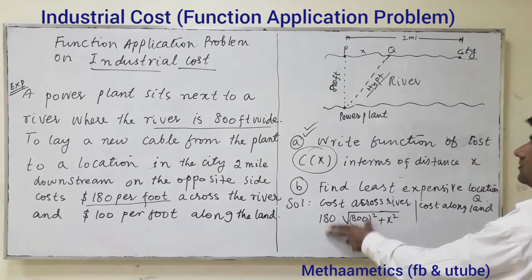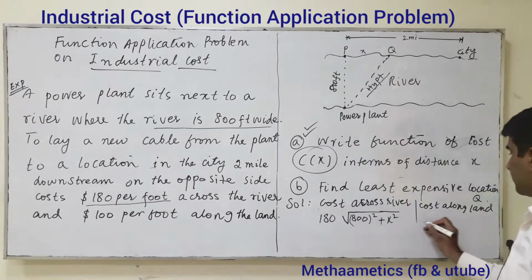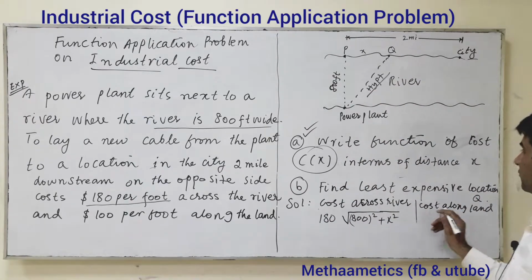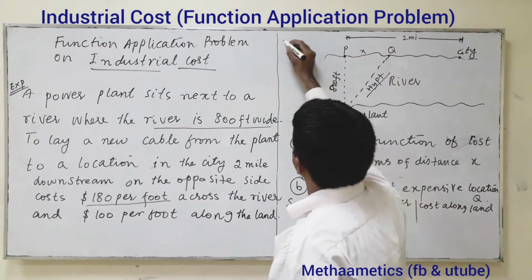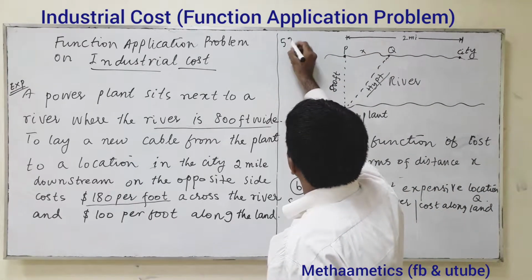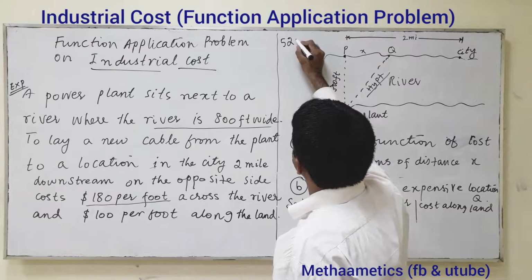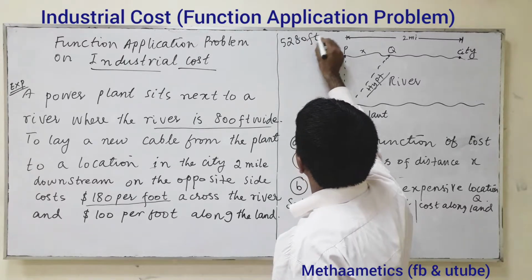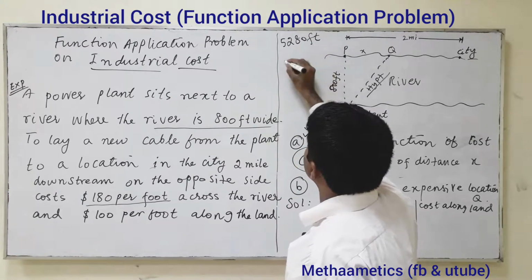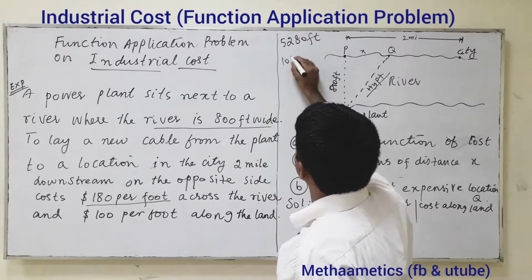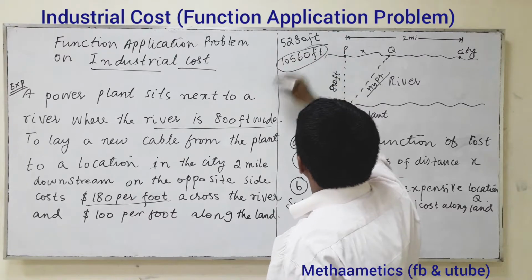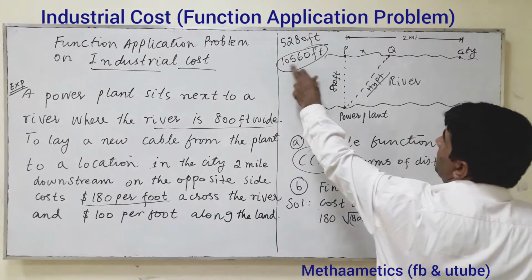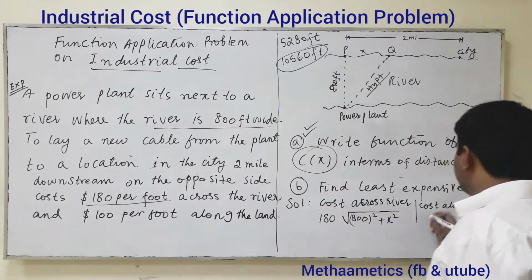This is the cost across the river, and now the cost along the land. The total is 2 miles. We know that 1 mile equals 5,280 feet, so 2 miles is 10,560 feet.